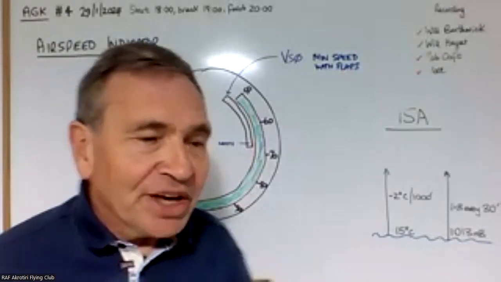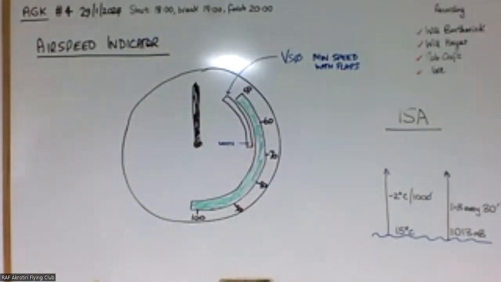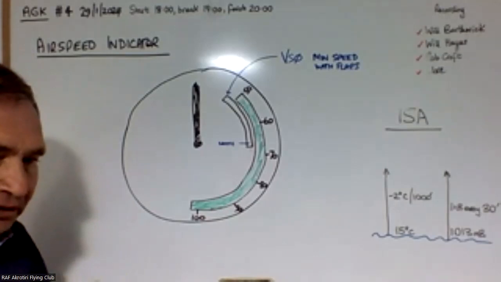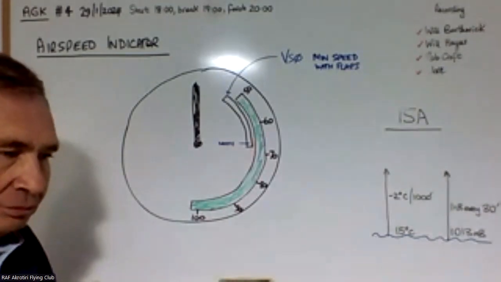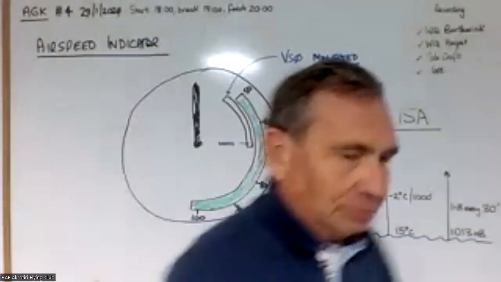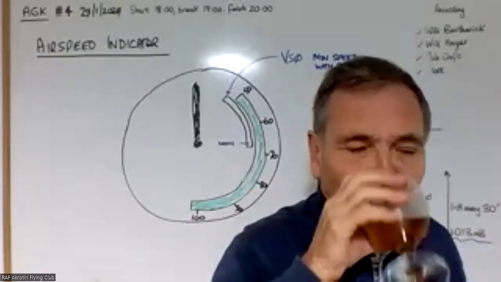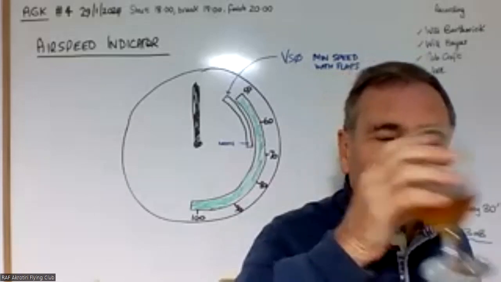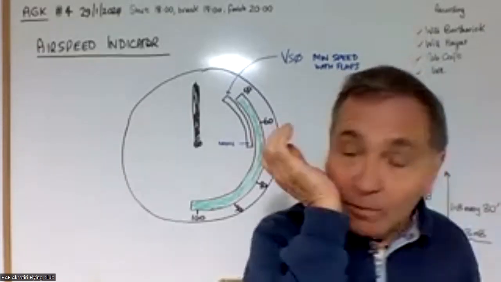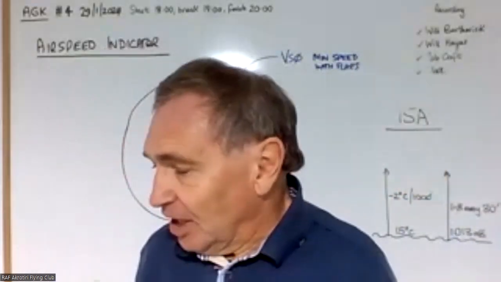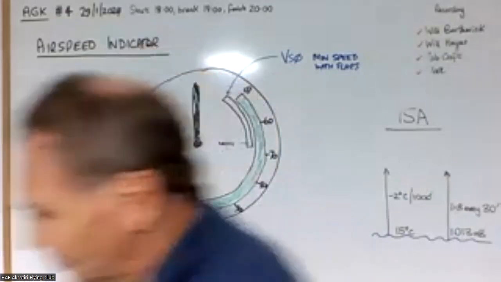So what happens if you try to fly the plane slower than the minimum speed? Surely you'll lose altitude. You'll stall. Oh, okay. You'll stall, and yes, you'll definitely lose altitude.